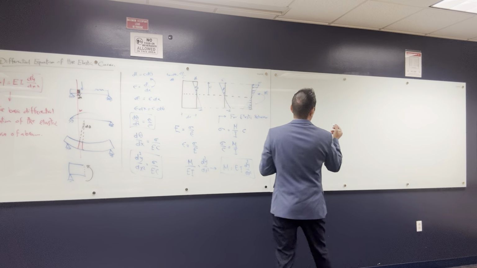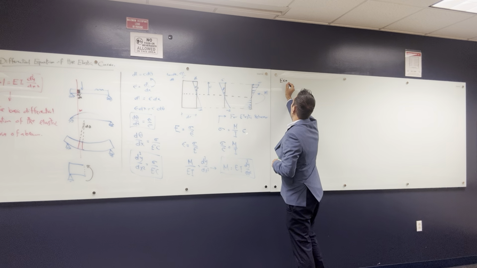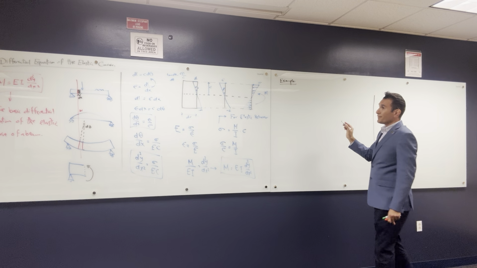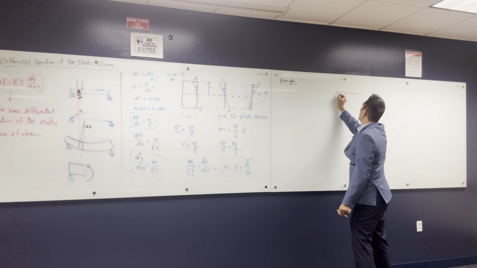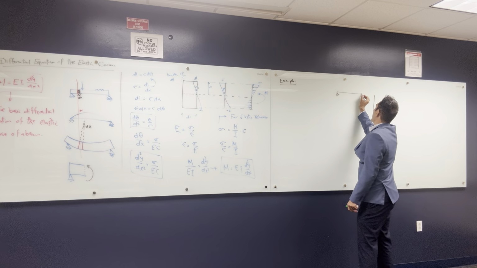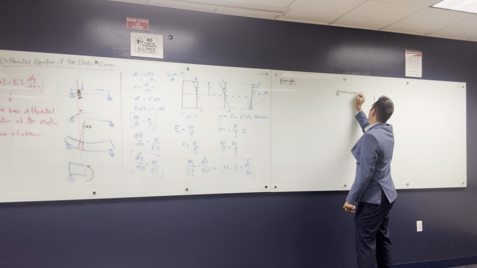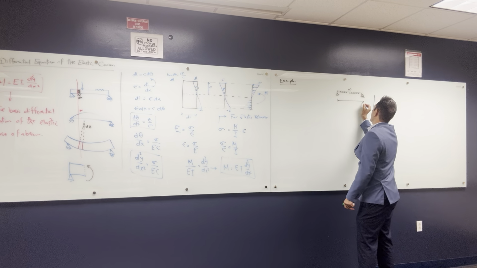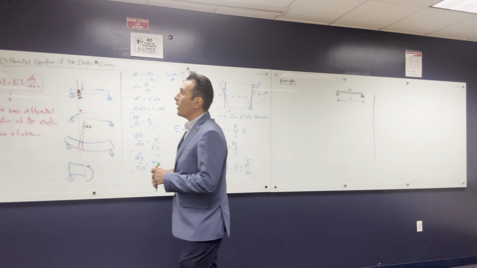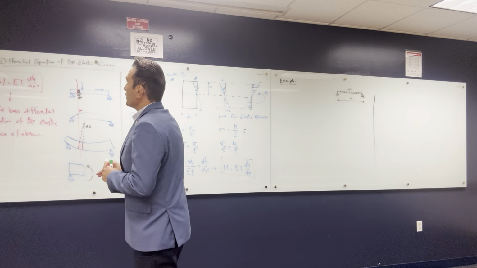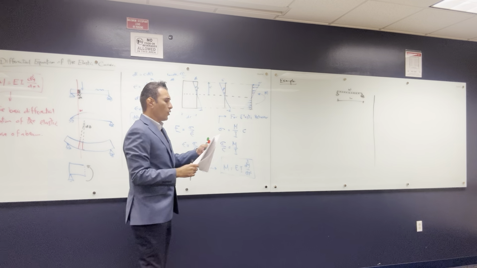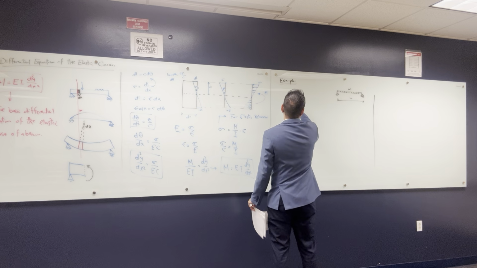So let's have an example. All right, in this example, I'm asking you to calculate: I have a simple beam, and I have a uniform load W, and this beam has a length L, and I'm asking you to derive the deflection, derive the slope and deflection for the simple beam, not only the deflection, I also need the slope.